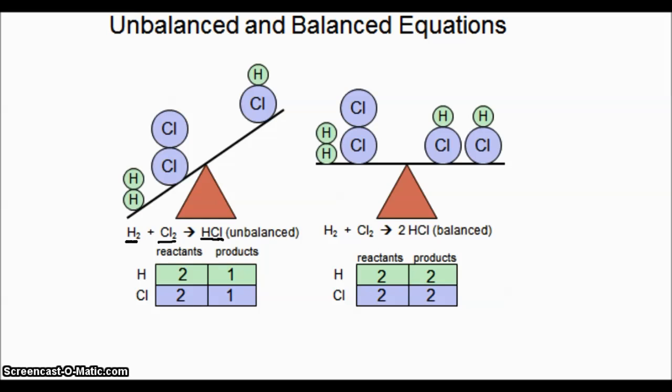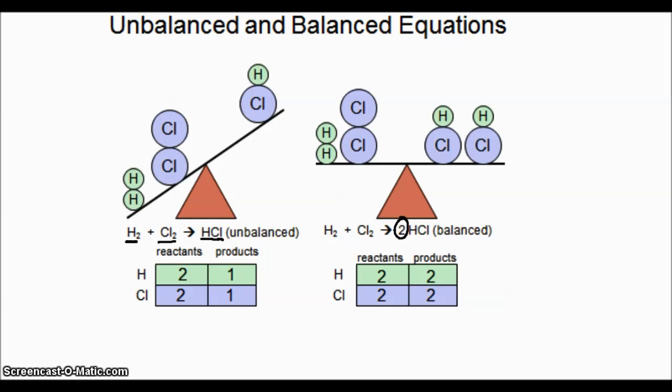And obviously from this picture, we can see that this is not balanced. So what we realize is that what we do form is HCl, but we form 2 of them. We just put a coefficient of 2 in front of the HCl.